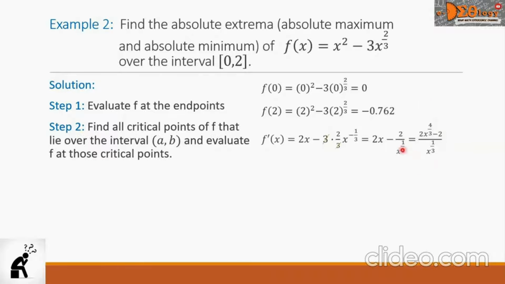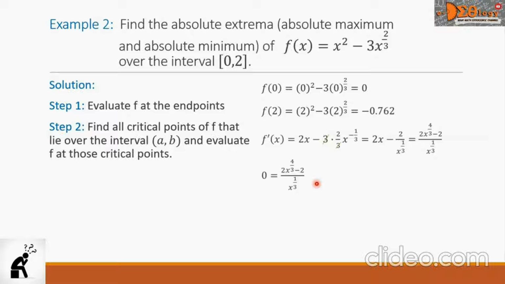This is our derivative. Now let us set f prime of x to 0. So we have 0 equals this fraction here. When the derivative is a fraction, we can get a value of the derivative when it is equal to 0. Or we can take a derivative when it is undefined.